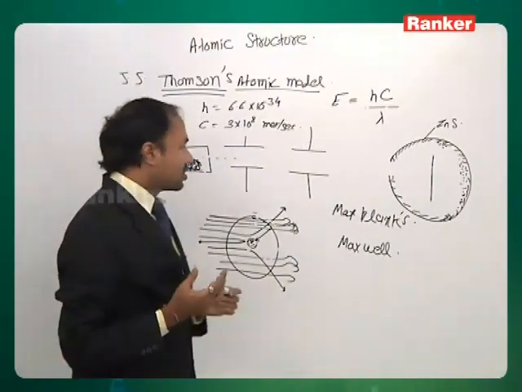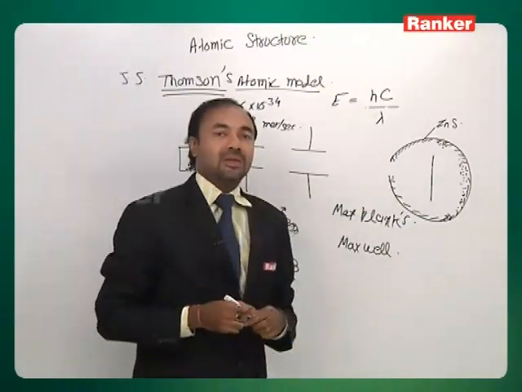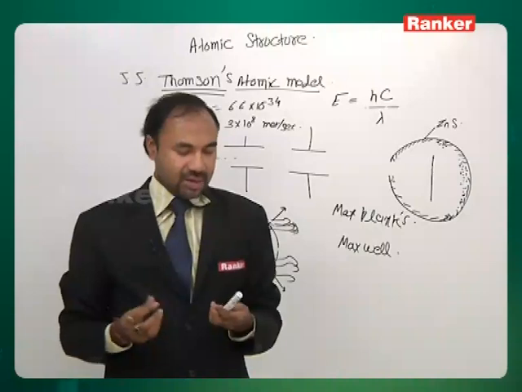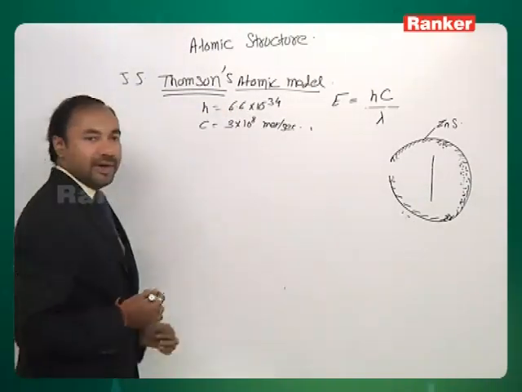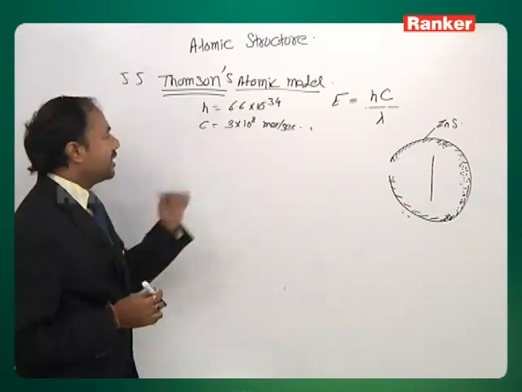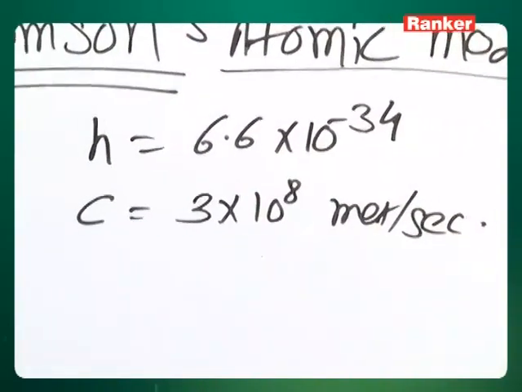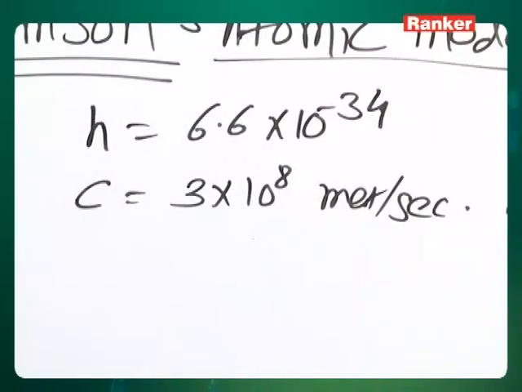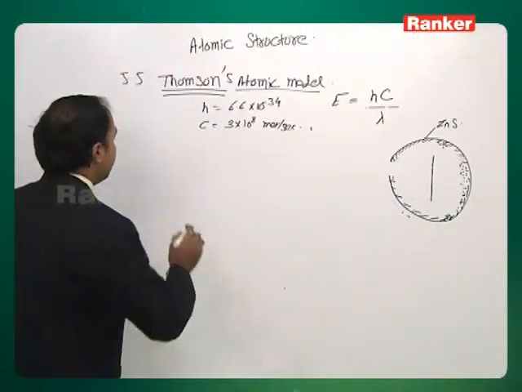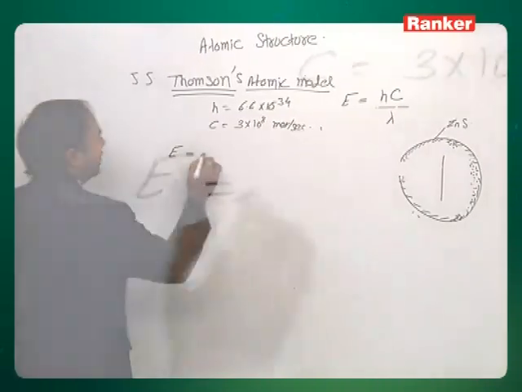Now questions can be asked upon this. Suppose we have got a certain radiation of wavelength 3000 angstrom. The question becomes: calculate the energy of one photon or n photons of that particular radiation. We use the formula E equal to hc by lambda.